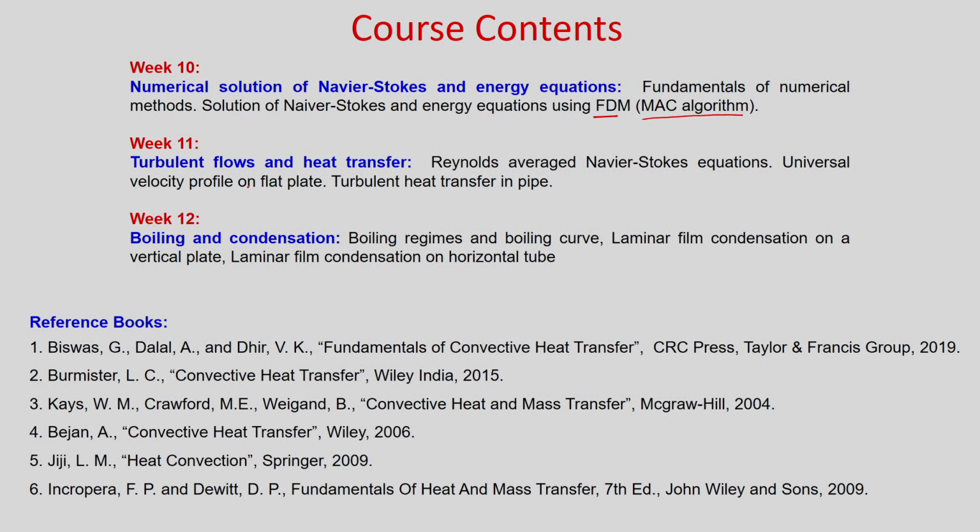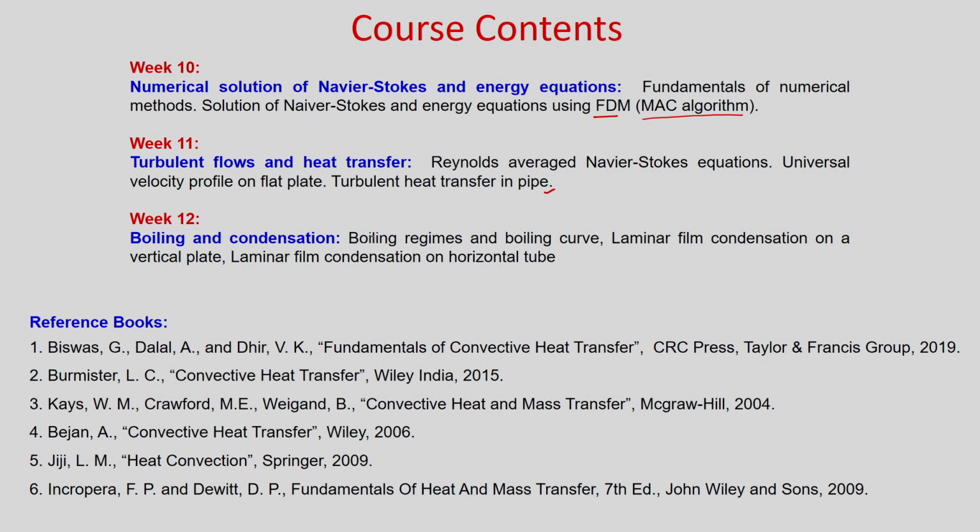In module 11 we will introduce turbulent flows and heat transfer. First we will derive the Reynolds averaged Navier-Stokes equations, then we will discuss the universal velocity profile on a flat plate, and we will touch upon turbulent heat transfer in pipe. In the last module, module 12, we will start with boiling and we will also discuss condensation.